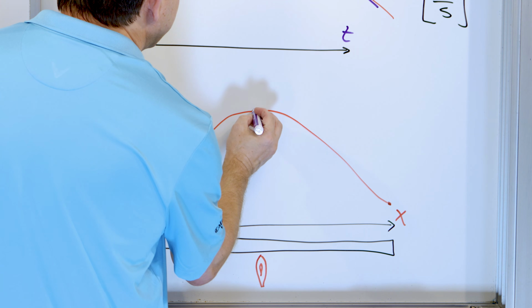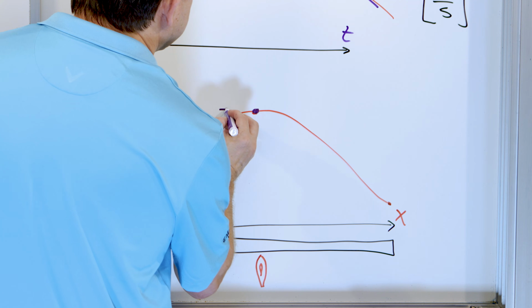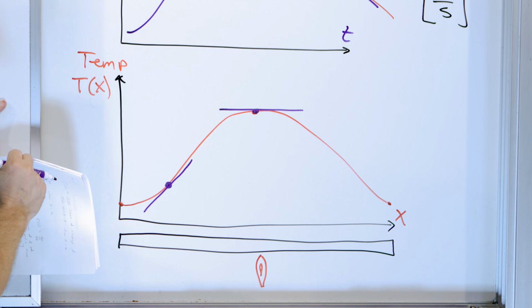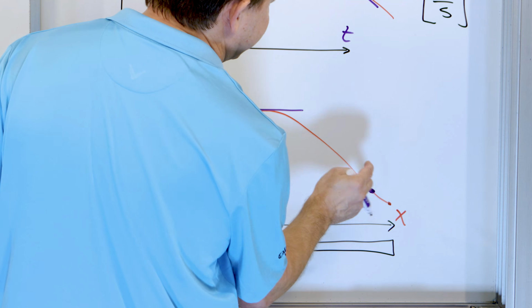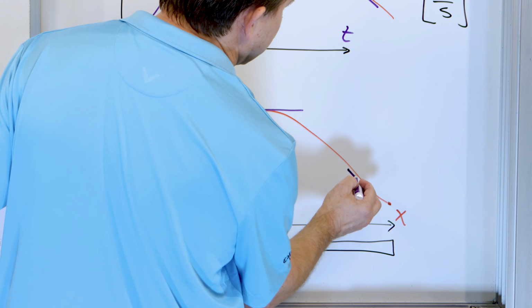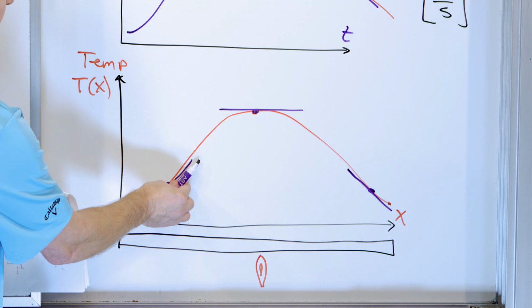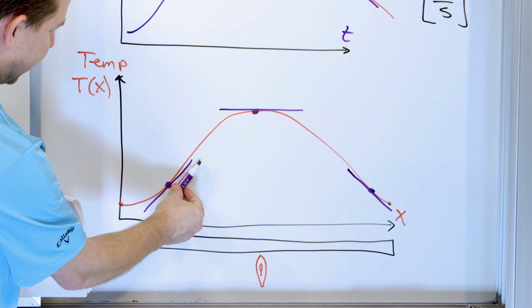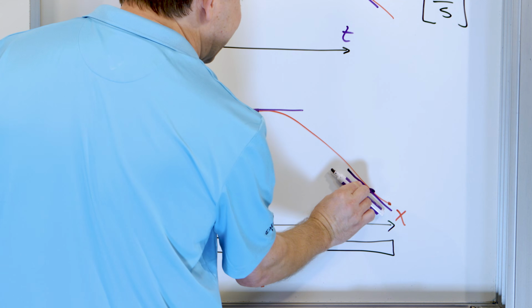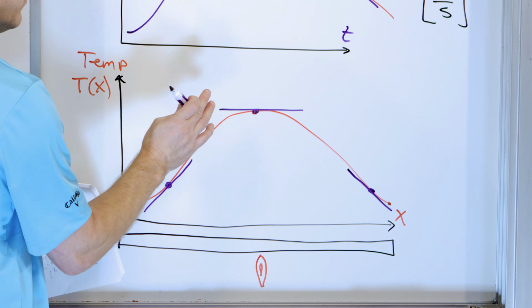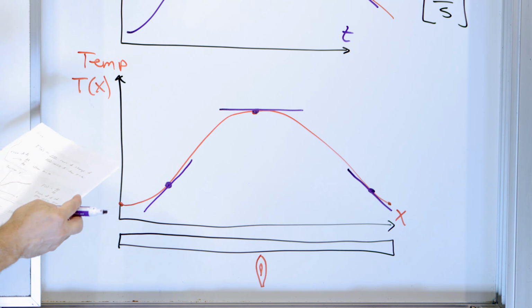At the very top, you would draw the line tangent to this point right here, and that would be the derivative. And over here, you would draw a line tangent over here. This derivative will be positive because the slope is positive. This derivative will be negative because the slope of the line tangent is negative. This derivative will be zero because it's exactly flat right here, right?